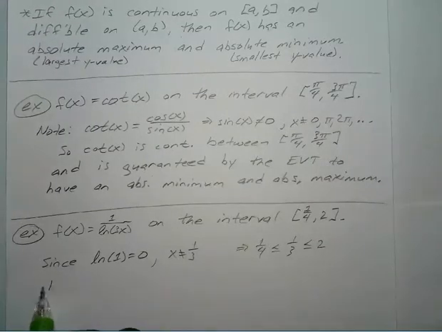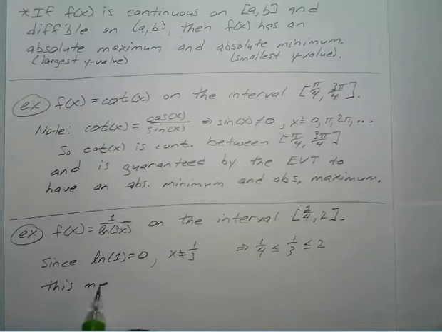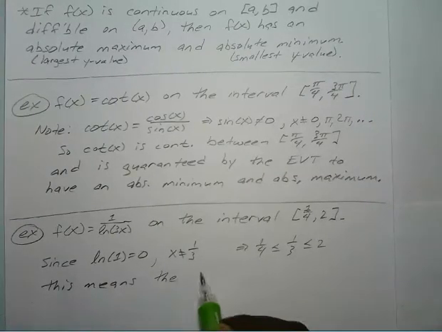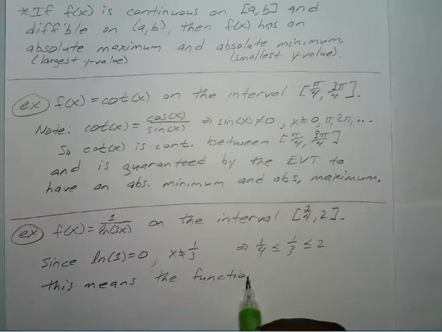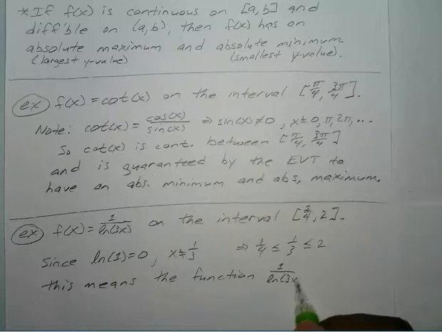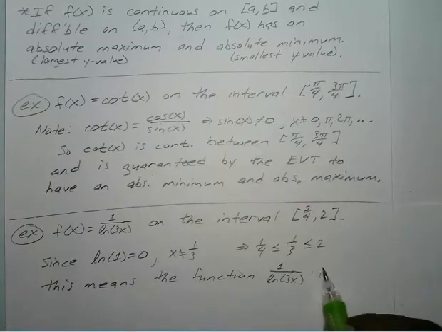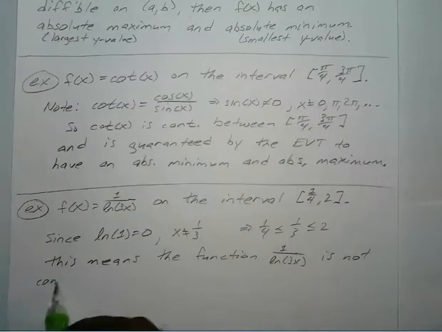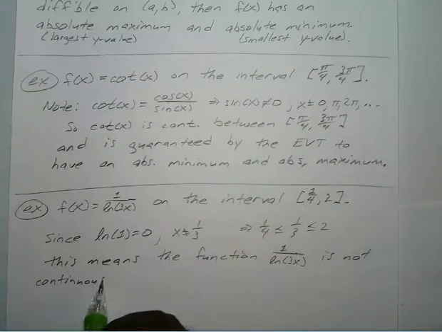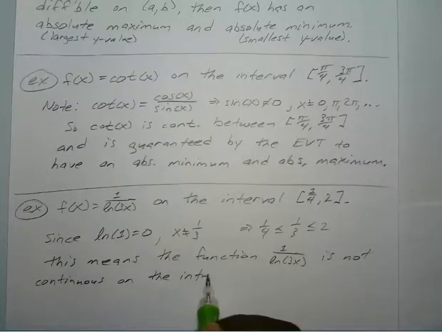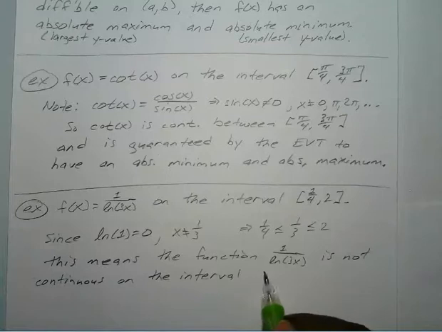This means the function 1 over natural log of 3x is not continuous on the interval x equals 1/4 to 2.